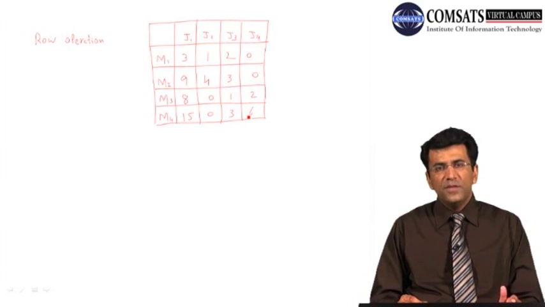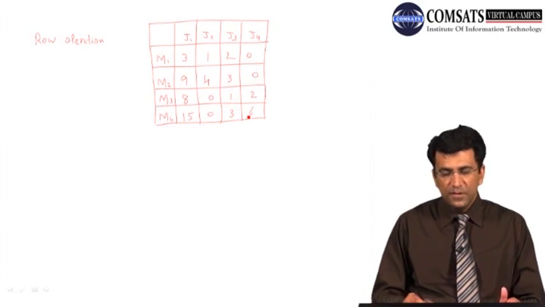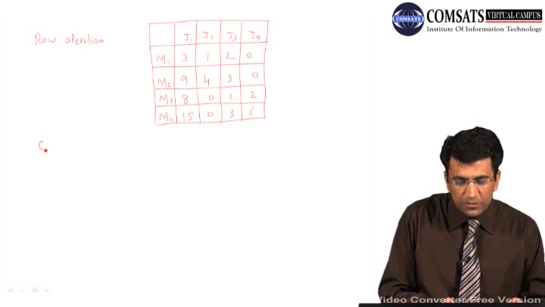We'll have to find out again the minimum value from each column, and we'll have to subtract that minimum value from all the values of the respective columns. Now let's apply the column operation.